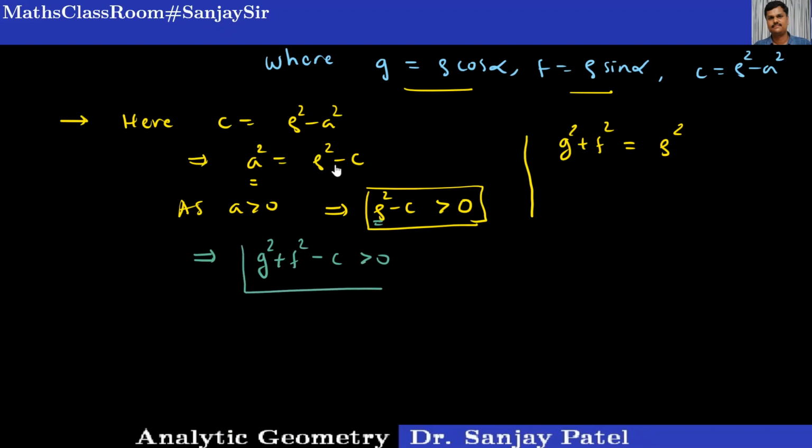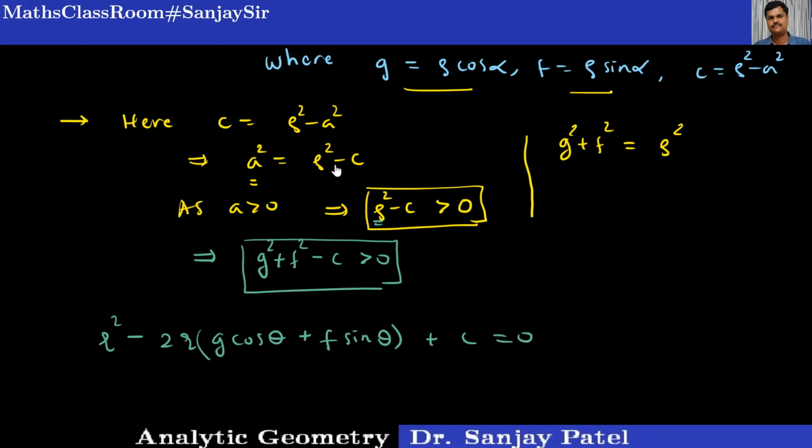So this is the condition that the equation of the form r square minus 2r into g cos theta plus f sin theta plus c is equal to 0 represents a circle. So if this condition is satisfied, then this equation is always a circle.